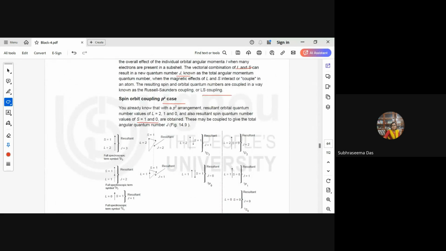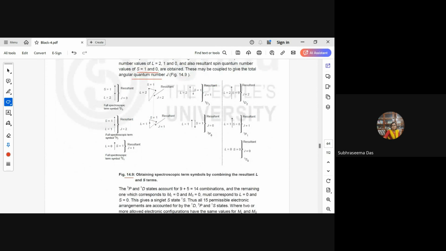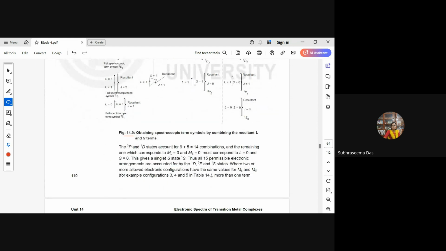These combinations, L and S, couple together again to form the total angular momentum quantum number J. Figure 14.9 shows the various possibilities of the combinations along with their term symbols.